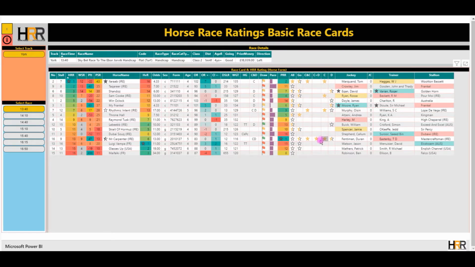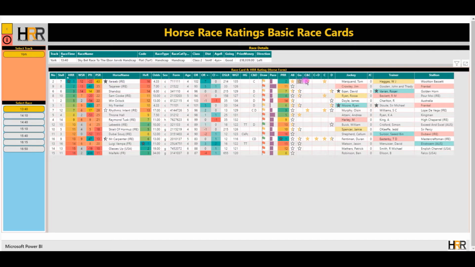So where you can see here, My Carpenter has got a horse performance rating of 1, and it's quite easy to see that because the markers across all the various horse performance categories show quite a lot of stars. Second is Ilarab.